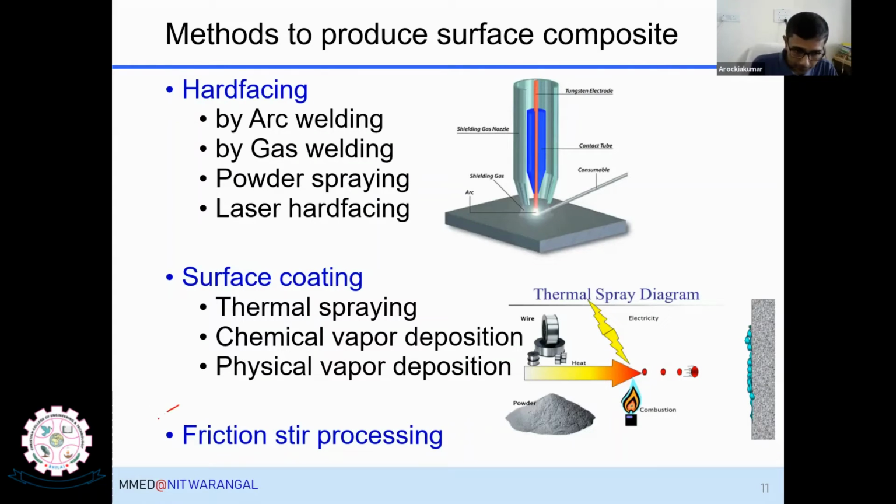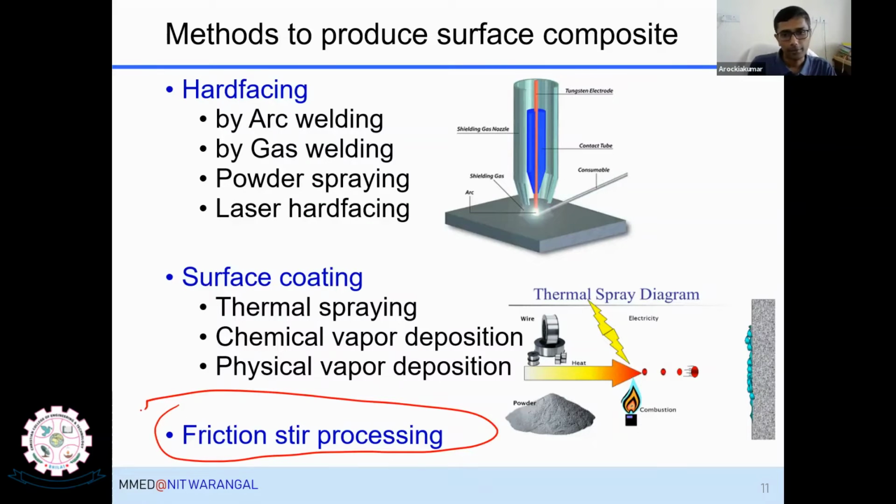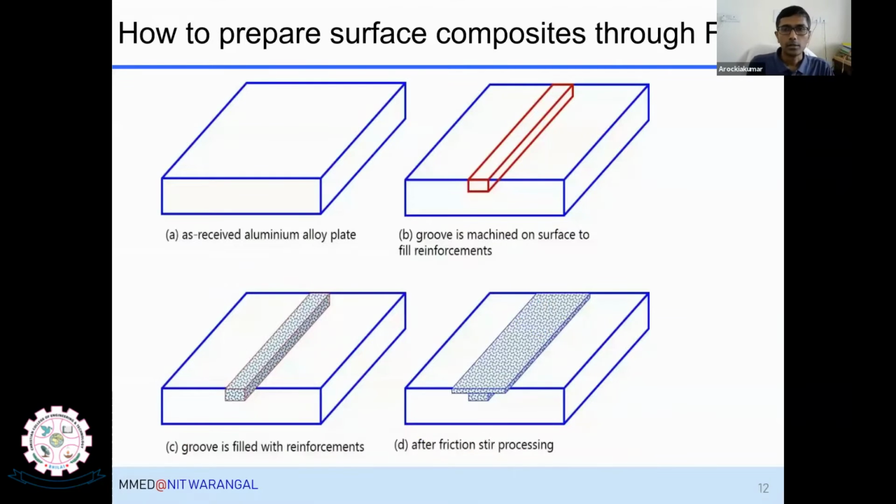In the last 15 years or so, FSP has been used as an effective method to produce surface composites, and it resulted in changing certain properties to a significant level.